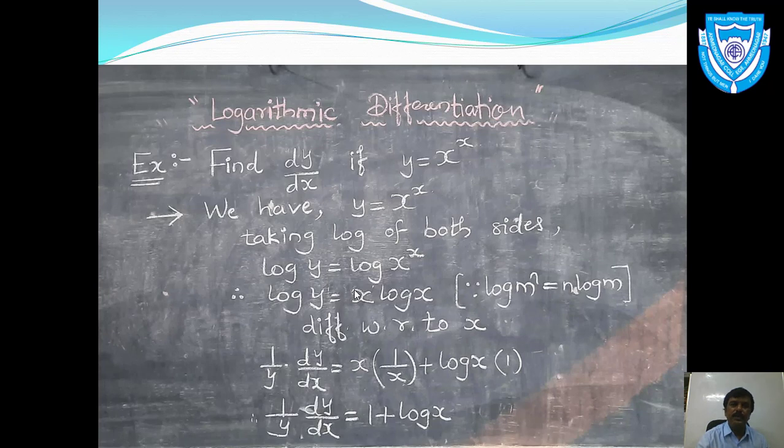So here also the derivative of log y is 1 upon y only. But as we are differentiating the function with respect to x, therefore we cannot write the derivative of log y as simply 1 upon y. इसका simply या directly हम लोग 1 upon y derivative नहीं लिख सकते. So what to do in this case? We'll write the derivative of log y as 1 upon y into dy upon dx.